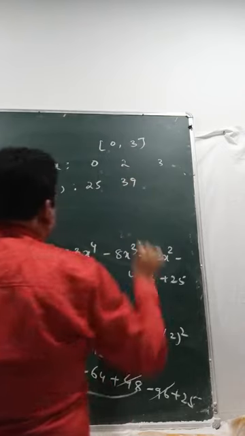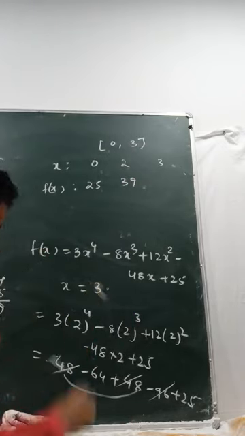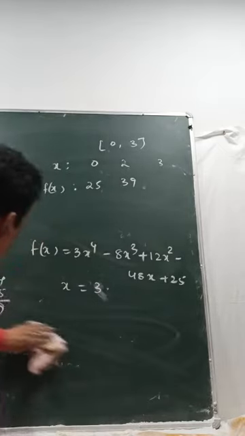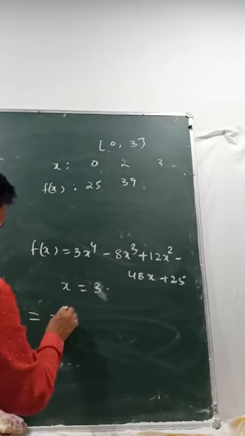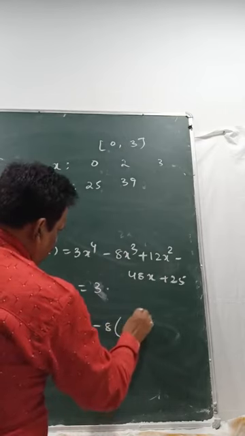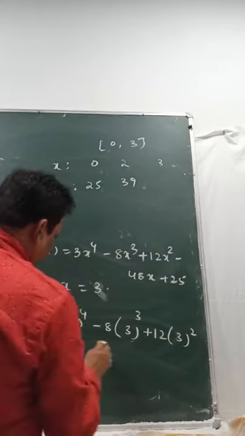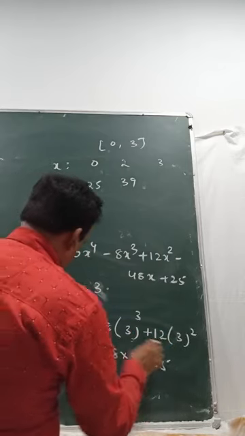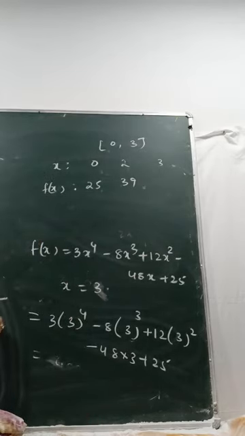39 you got. Then put x = 3. So if you put 3, you get 3 into 3⁴, 8 into 3³, 12 into 3², minus 48 into 3, plus 25. So how much did you get here? 81 × 3 is 243.